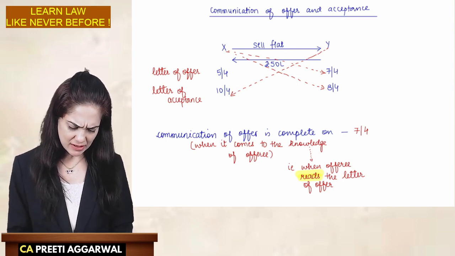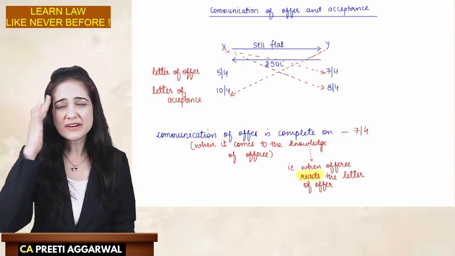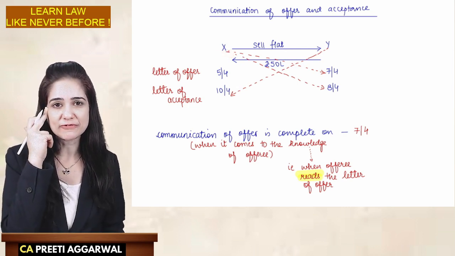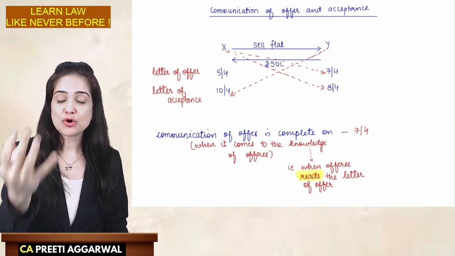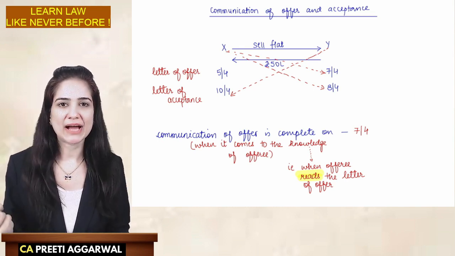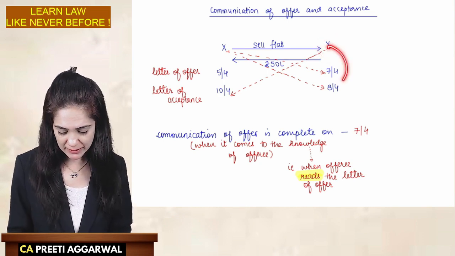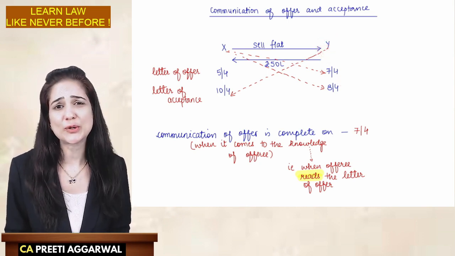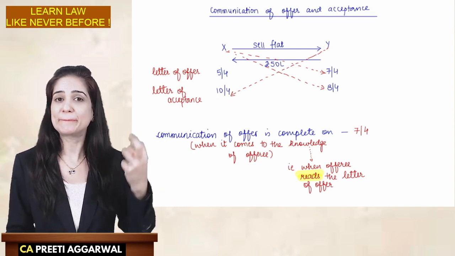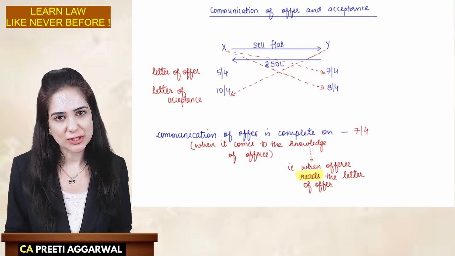Now let's say that X gave the offer and then he realized, oh God, I didn't want to give the offer. He wants to call back his offer. Calling back is known as revocation. Y gave his acceptance, but then he realized that, oh, I didn't want to give my acceptance. He wants to call it back. Calling back is known as revocation.